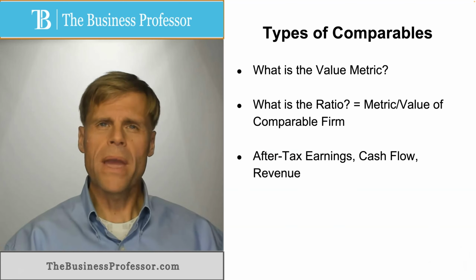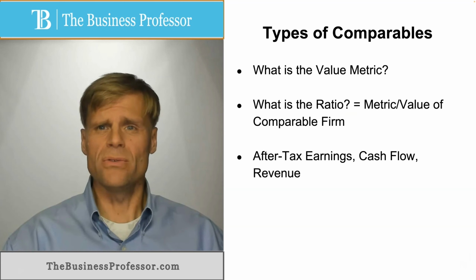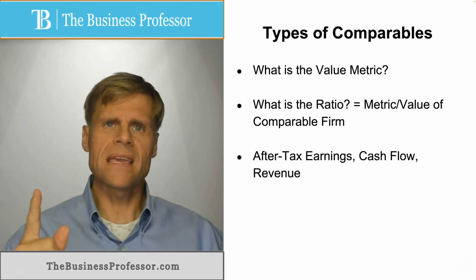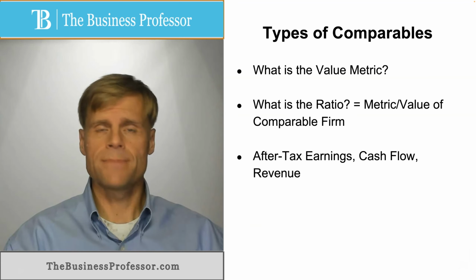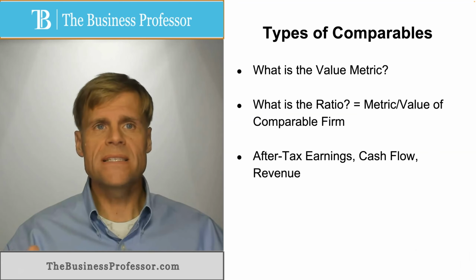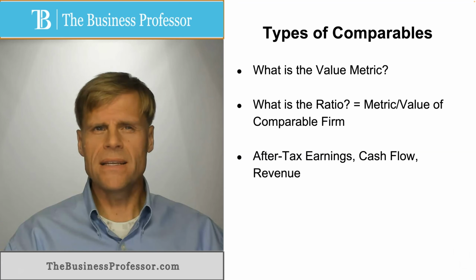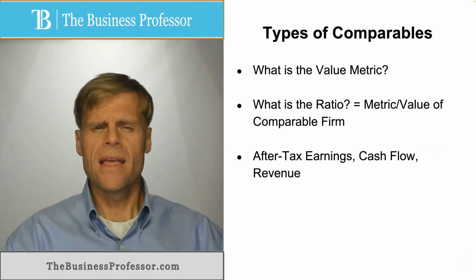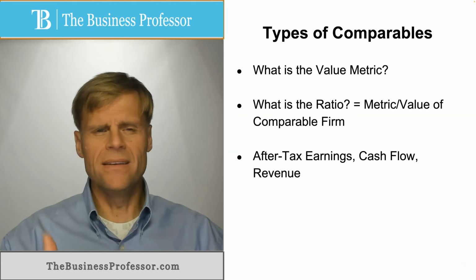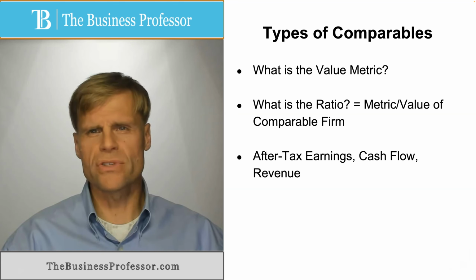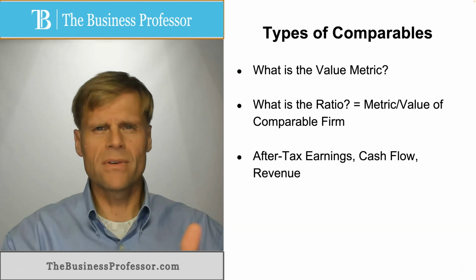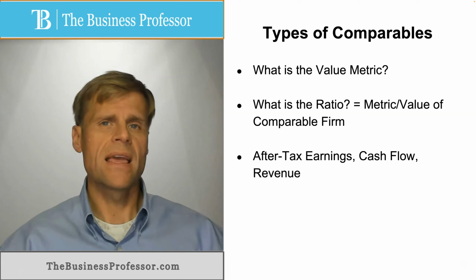Now, what are some comparables that are commonly used? Well, the ratios generally are based upon valuation of the company to things like after-tax earnings, cash flow, revenue, and then you may in select industries have metrics that are related to actual operations, like the number of customers holding accounts with the company, the number of daily, weekly, monthly users on a given website, the amount of attrition of recurring subscriptions, things of this nature.